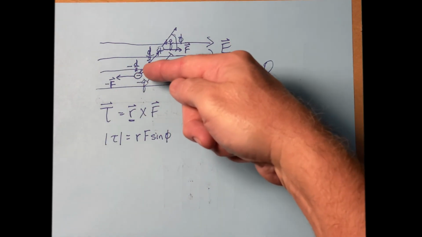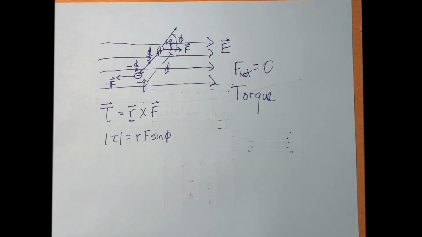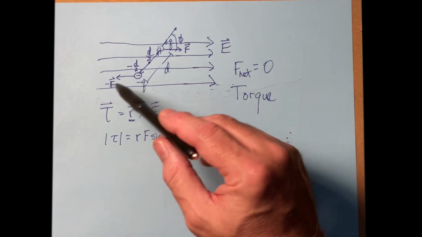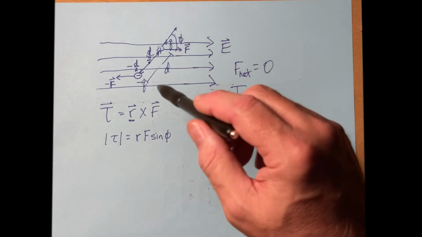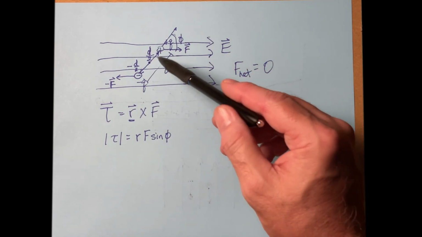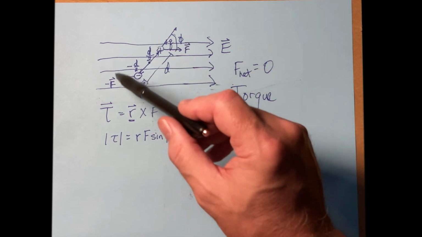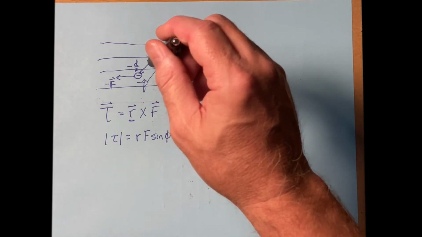But once I do that, you'll see my thumb is pointing into the paper also. So both of these torques are going to create the same direction of torque. They're not opposing each other. So the total torque is going to be into the paper.